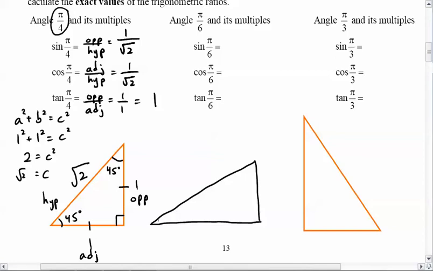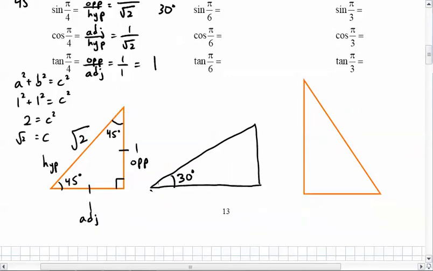Now, do you remember what pi over 6 is in degrees? 30. So that's a small angle in this triangle here. And that's the one that we saw up on the first example. If you have a 30-degree angle, then what you can do is copy and paste that triangle and just make an exact image of that triangle right below.